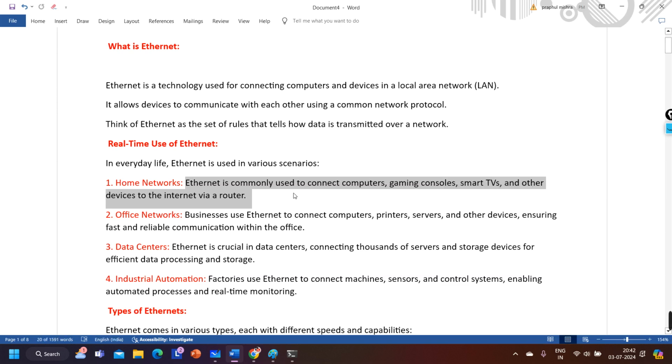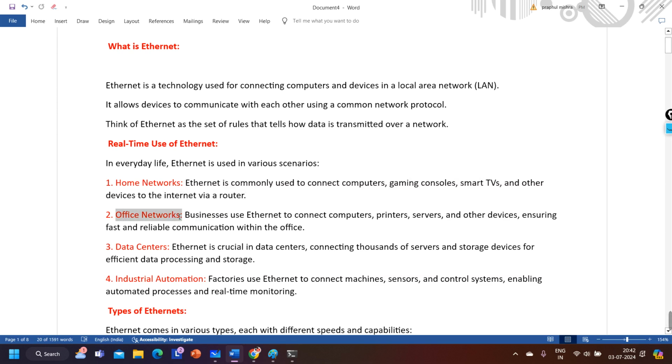Gamers are connecting multiple devices together through Ethernet, or you can even connect two computers together through an Ethernet cable. So I have lots of Ethernet cables in my home. Like my Wi-Fi router is connected with another PC with an Ethernet cable directly to get better speed.